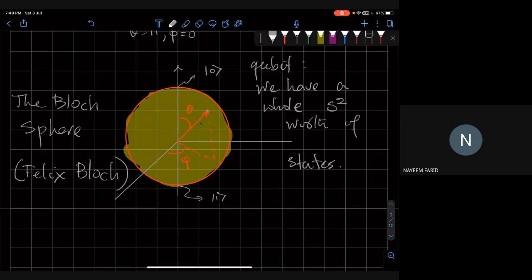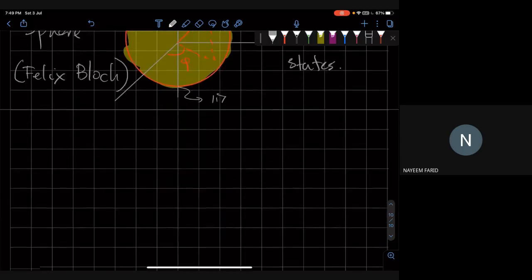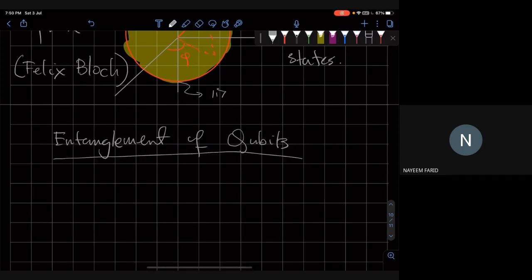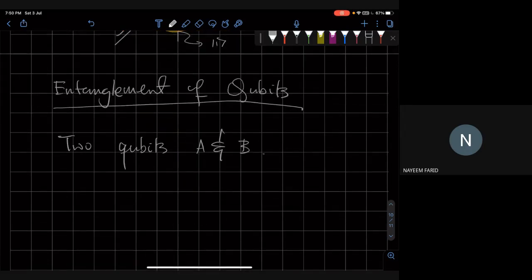Okay. So now for the last thing, let's discuss the entanglement of qubits. Okay, so now suppose we have two qubits, A and B, and they're in some maximally entangled state.